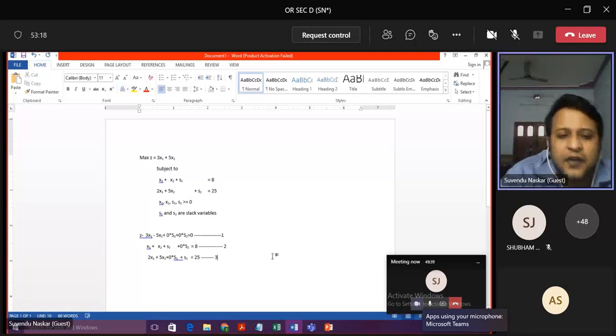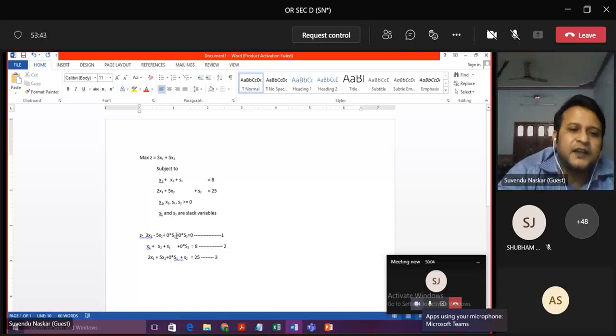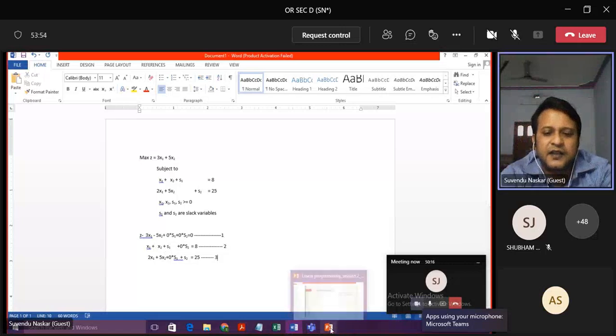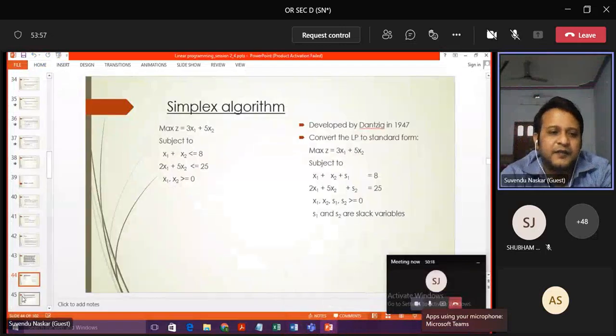Simplex is all about solving for x1 and x2 so as to get this value as large as we can for a maximization problem, or as small as we can for a minimization problem. For the newly introduced variables, you will see only one 1 in the entire column to start with. We call this the starting of my simplex.